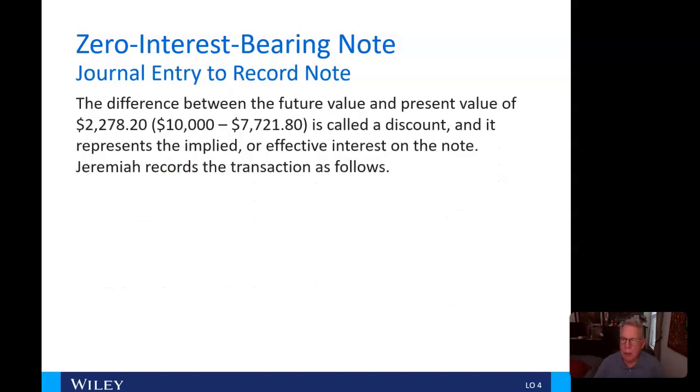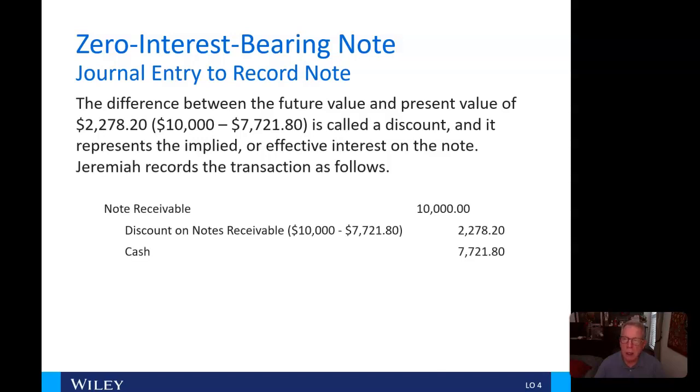All right. The difference between the future value and the present value of $2,278.20 is called a discount, and it represents the implied or effective interest on the note. Jeremiah is going to record that as follows.